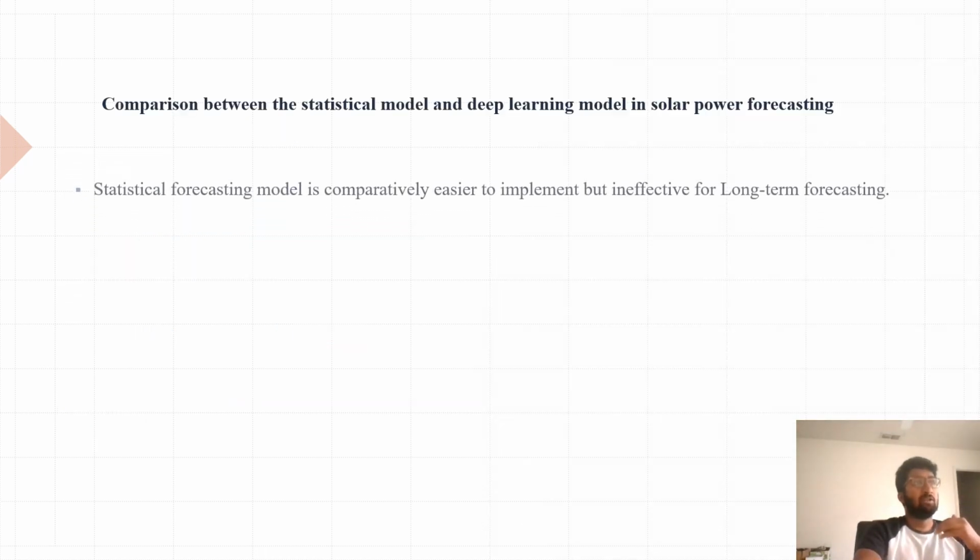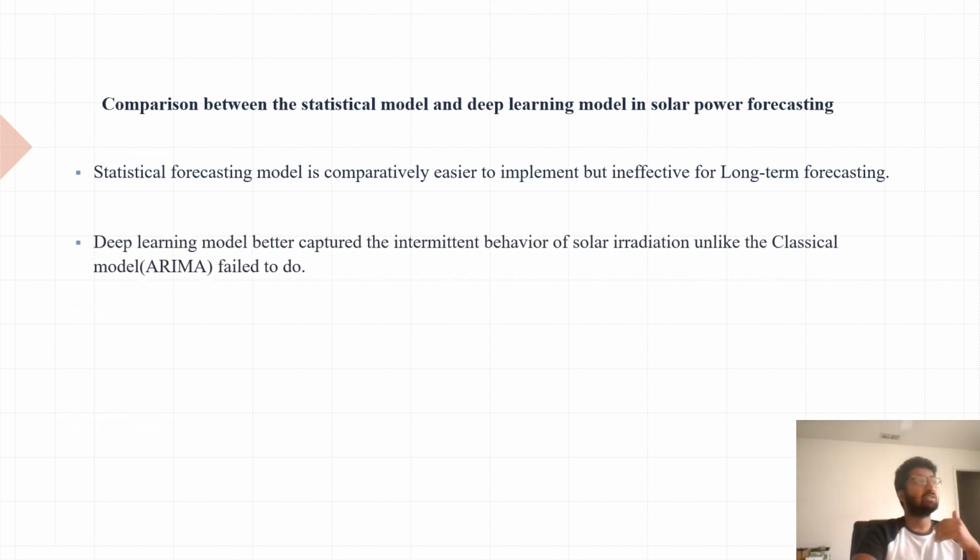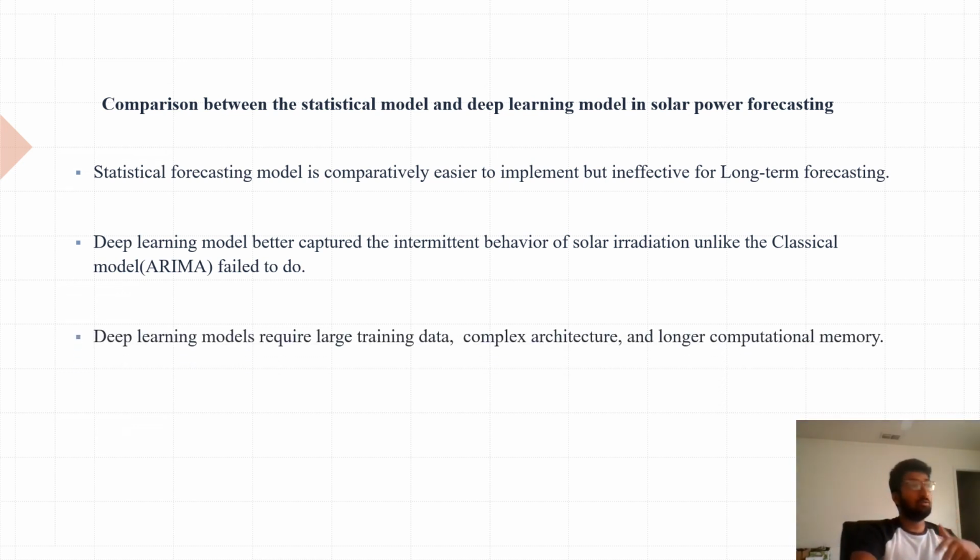Similarly, if we see the comparison of the models, we can see that the statistical models are easy to use and easy to implement, but they are very ineffective for long-range forecasting, and deep learning models are better at capturing intricate characteristics or behavior of the solar irradiation, unlike classical models.